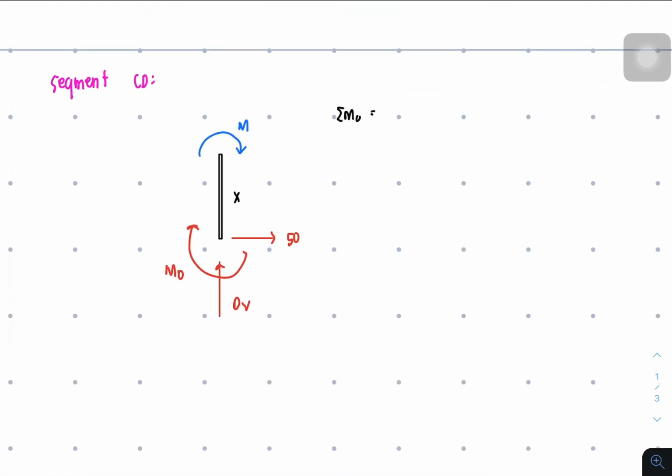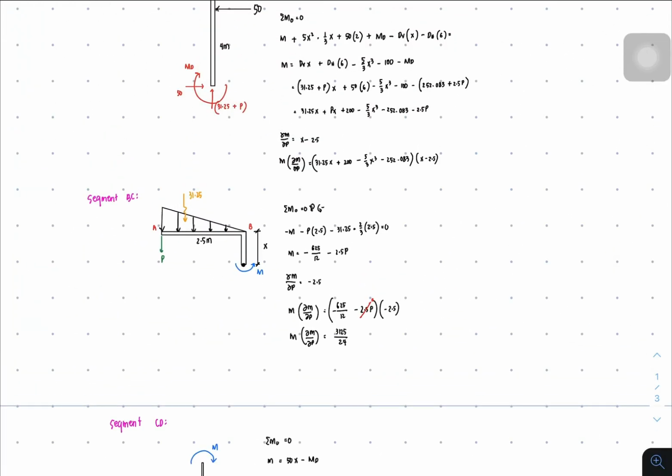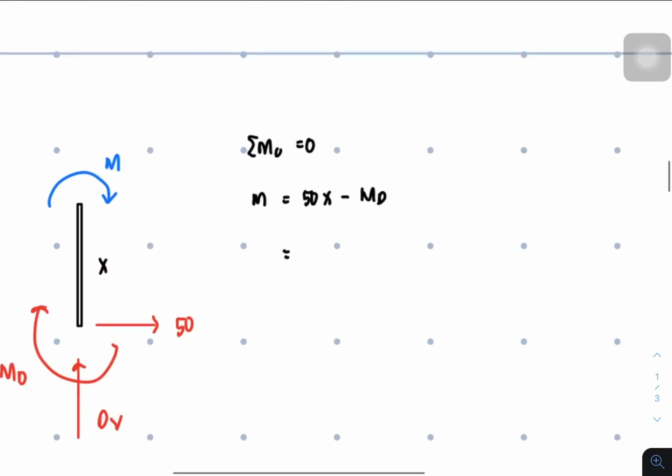Summation of moment at the point of cutting equal to 0. You will have m equal to 50 times x minus md, where md is 252.083.